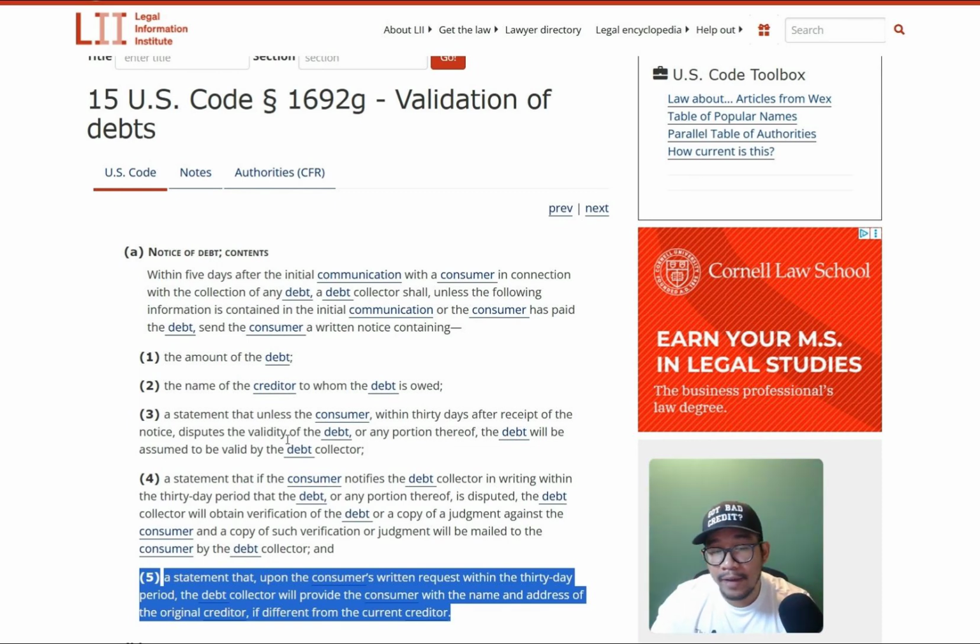Because if information is missing, incomplete, late, or confusing, that may create problems for the debt collector, and that may give you leverage to try and challenge that collection, to potentially get it removed off your credit report and possibly get that debt eliminated as well.